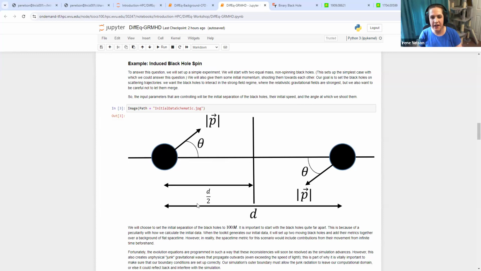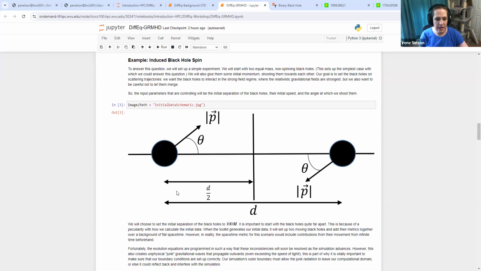So our goal when we define this momentum vector p is to have a scattering trajectory. So we want to get them as close as we can to get the strongest interaction possible. But we also don't want to let them merge, because then we just have one black hole and we can't answer questions about the angular momentum of a single black hole at a later time.